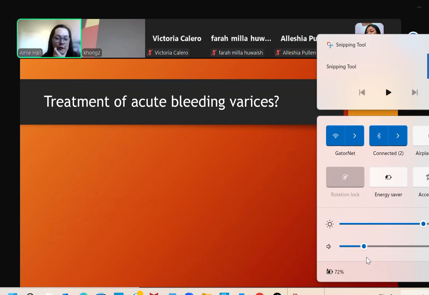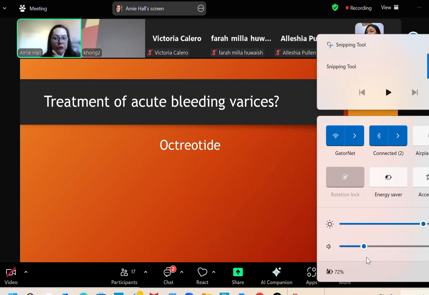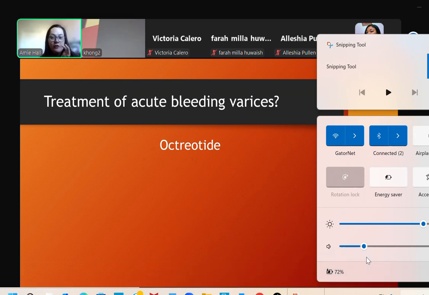All right, so octo-something, according to one of the classmates in the chat. All right, so octreotide. Octreotide causes splenic vasoconstriction. Splenic is in that abdominal area, and we want vasoconstriction in that area.